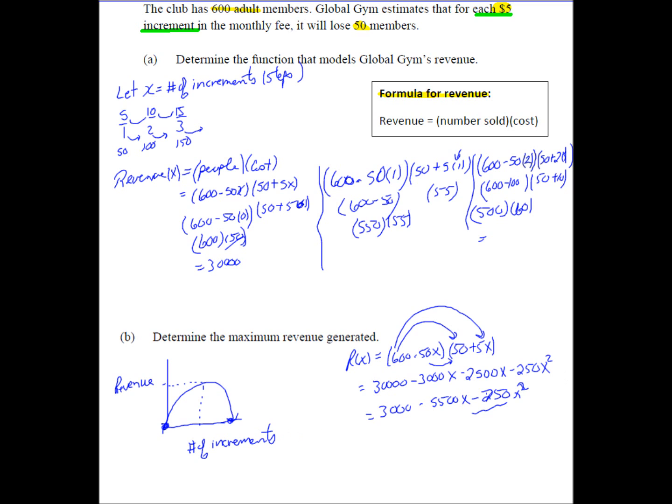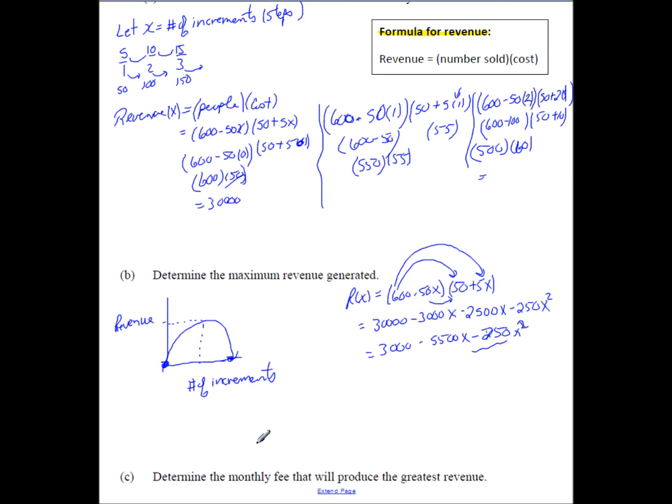Well, let's get the number of increments, and that's x equals negative b over 2a, negative 5,500, and our a value is negative 250. So negative times a negative.